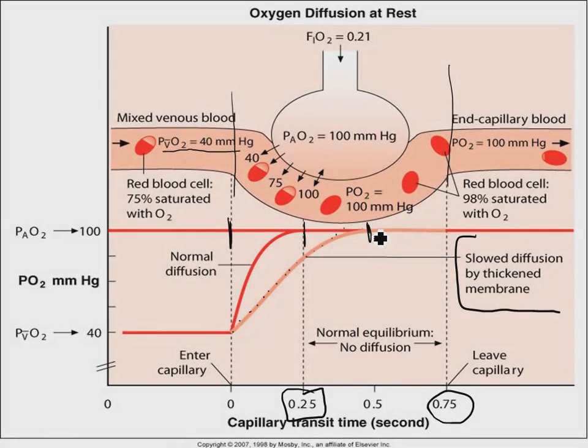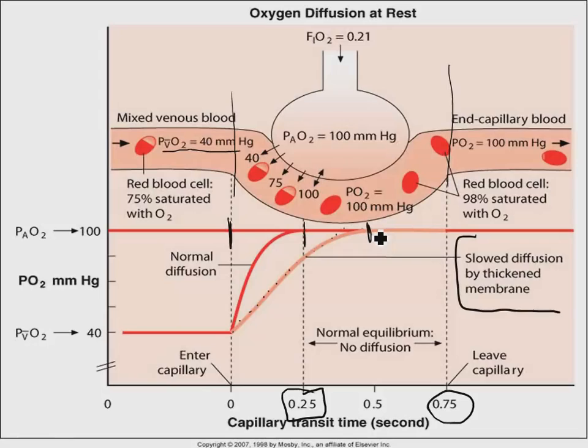Now it's a half a second to equilibrate. No problem. I got 0.75 seconds. So even though it's taking longer to get across, it's not an issue. I'm cool. I can still get my money out, pay the cashier, get my French fries, and continue on.